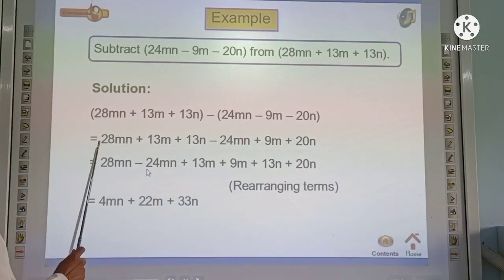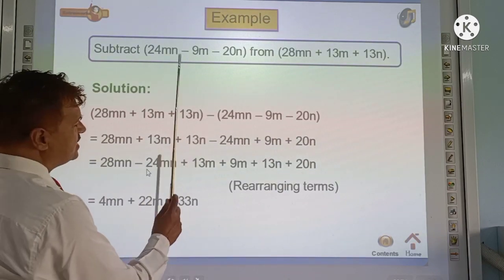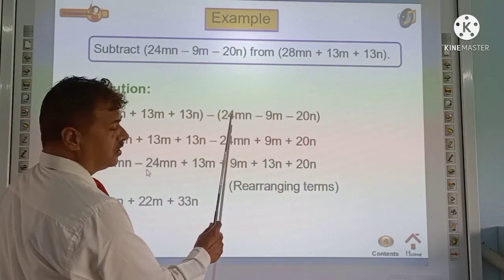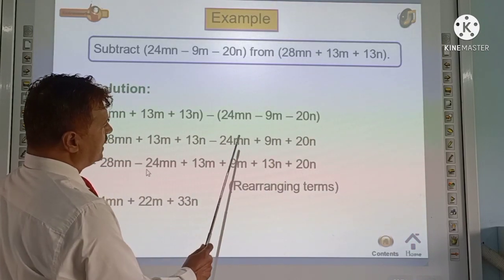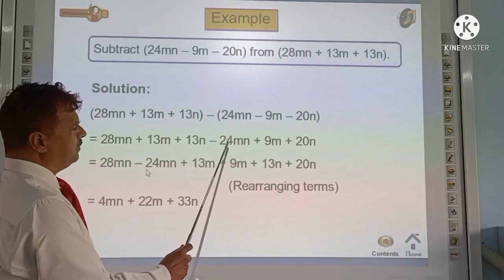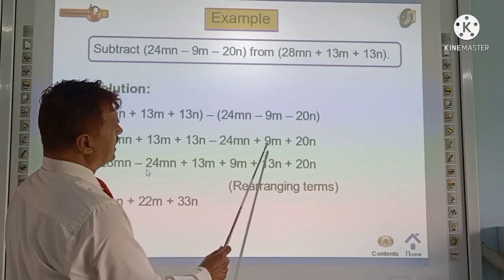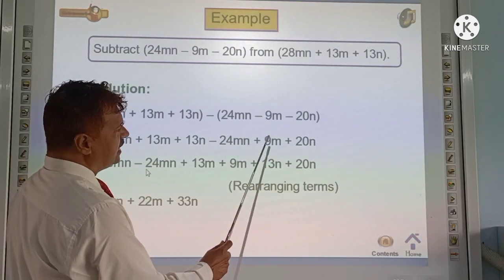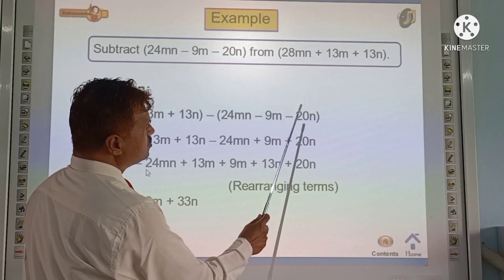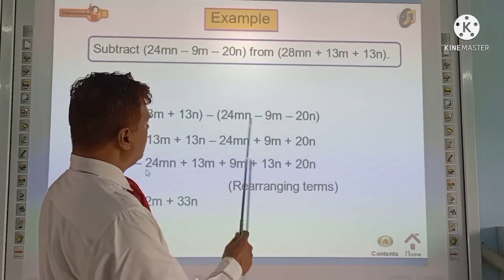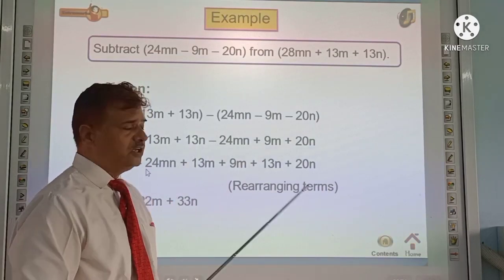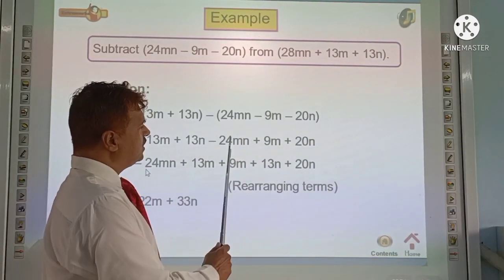Here is plus, so no change in the sign. Here is minus, so we change all the signs of all terms. Plus 24mn will be converted into minus 24mn. Minus 9m will be converted into plus 9m. Minus 20n will be converted into plus 20n, because minus is outside, so we convert the sign of all terms.